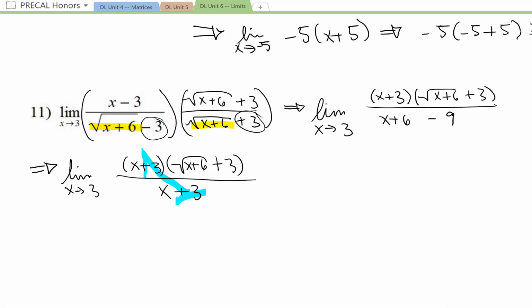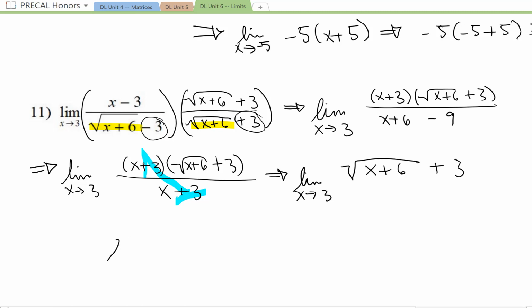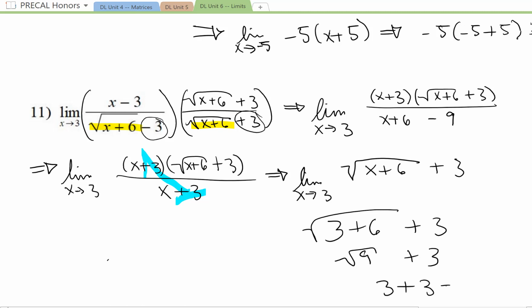X plus 3 over x plus 3 is... We're left with the limit as x approaches 3 of square root x plus 6 plus 3, and now we can direct substitute. And that would be 6.